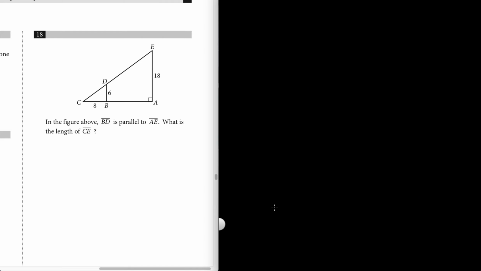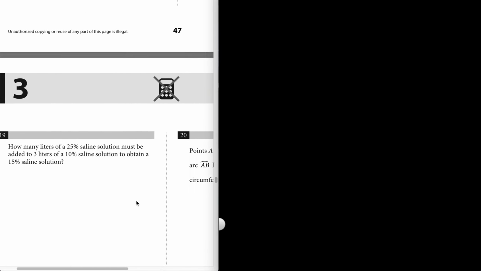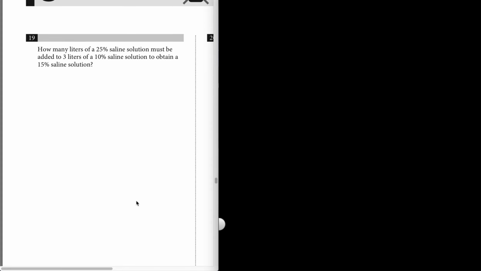All right, number 19. Okay, let's see. How many liters of 25% saline solution must be added to 3 liters of 10% saline solution to obtain a 15% saline solution? Interesting question. So here we have to do something called a weighted average.